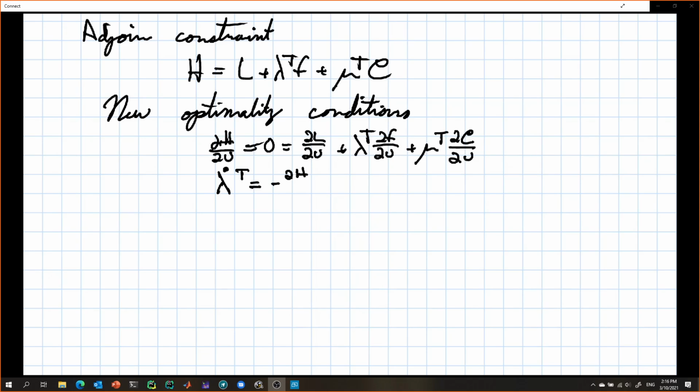So if you remember, the co-state dynamics is the negative of the partial of the Hamiltonian with respect to the states, which in this case is the negative of the partial of the path cost, minus co-states times the partial of the dynamics, minus, and then now we have the constraint term.